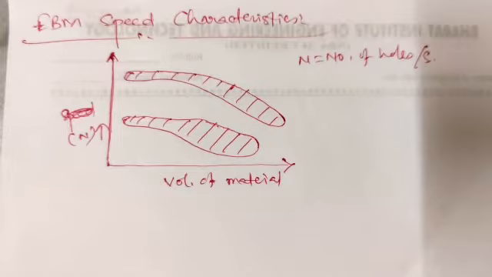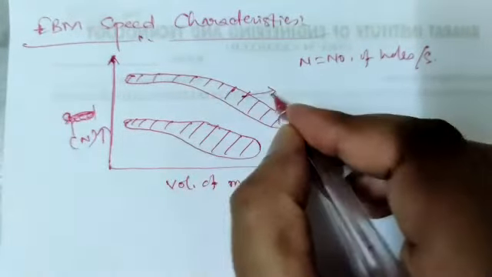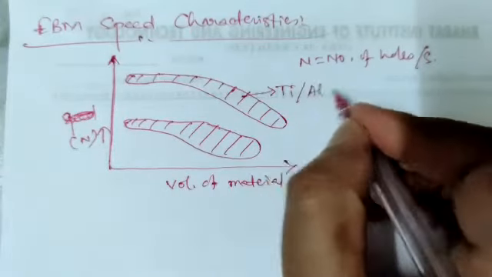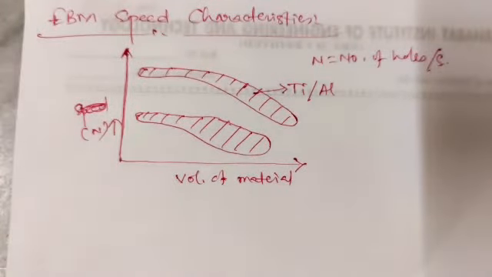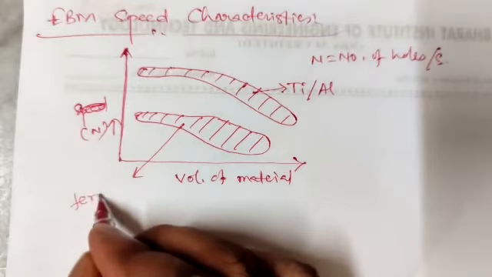Now this complete one signifies titanium or aluminium, if we are measuring titanium or aluminium, and this one says ferrous alloys.